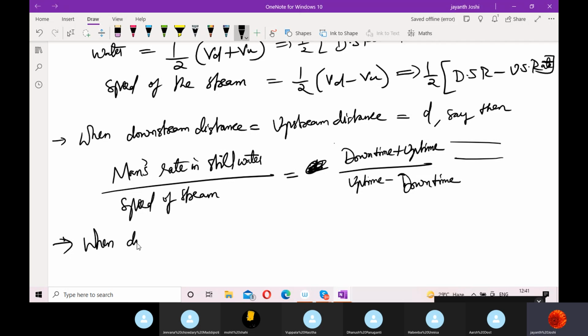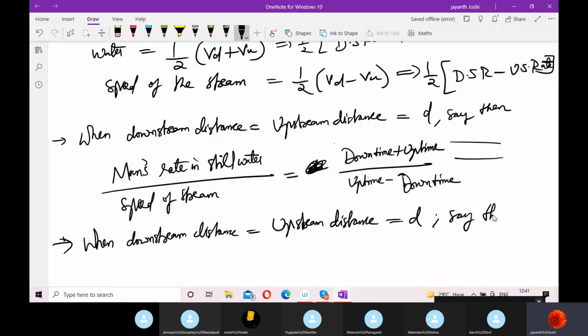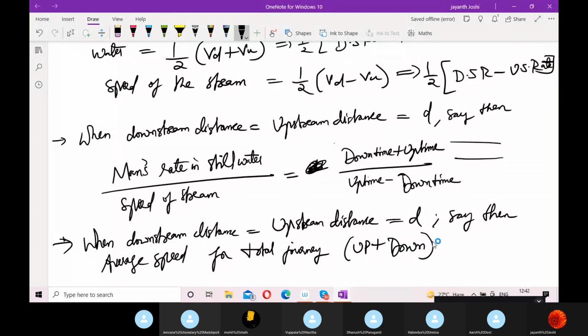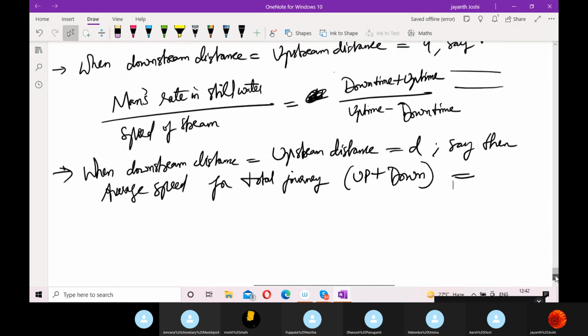And the next formula, when downstream distance is equal to upstream distance is equal to d, then average speed for the total journey, that is up and down, is equal to, so I'm just writing the formula here.